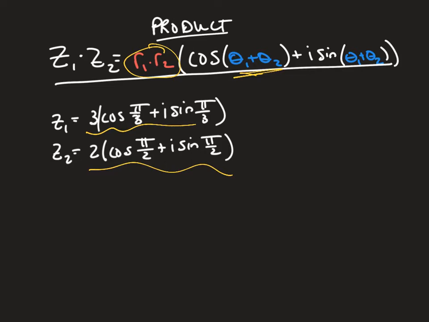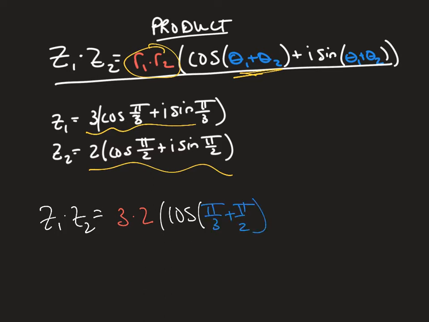So for the product, Z1 times Z2 is going to be equal to 3 times 2 times the cosine of pi over 3 plus pi over 2 plus I sine of pi over 3 plus pi over 2. And then I just simplify. And the nice thing is, guys, when it's already in polar form, it is literally just that easy.